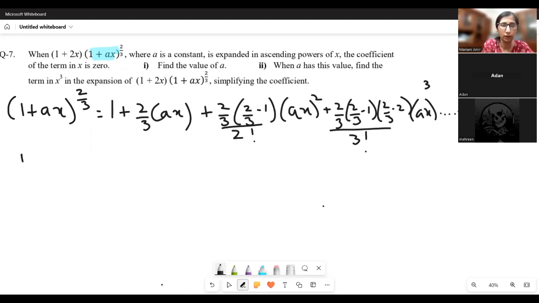So the expansion is 1 plus 2/3 ax plus, I'm still going to find the next two terms because that will probably help me do part 2.